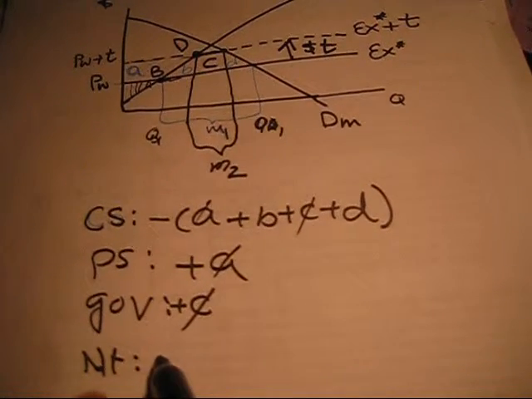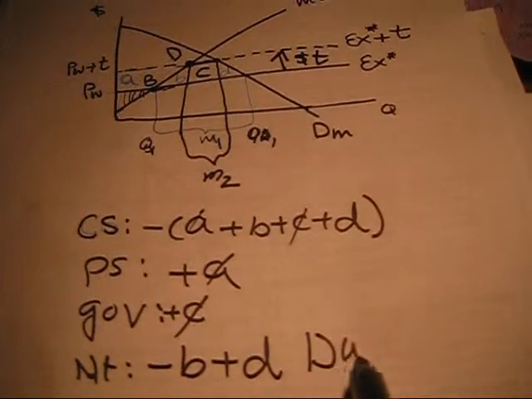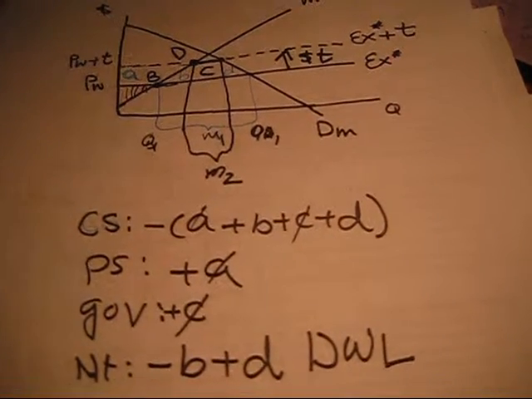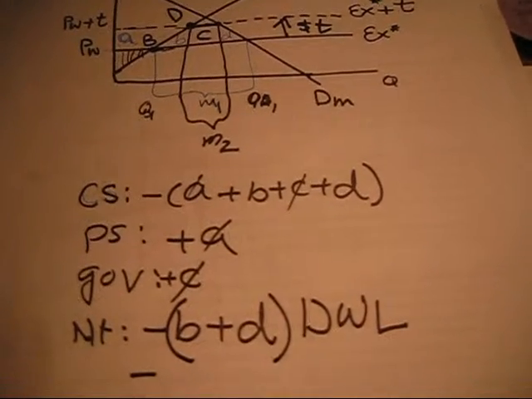We are left with minus B plus D, deadweight loss. So this would be minus BD.